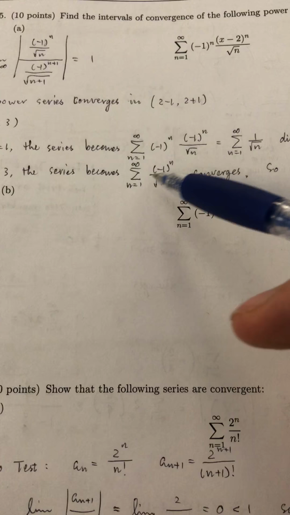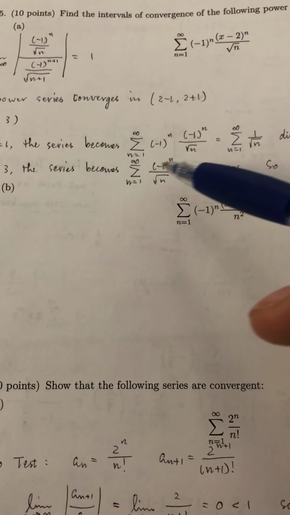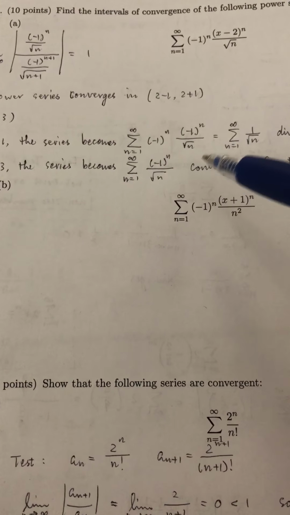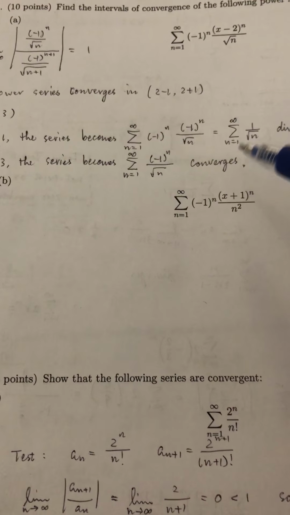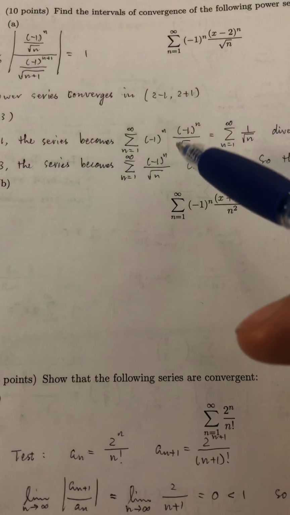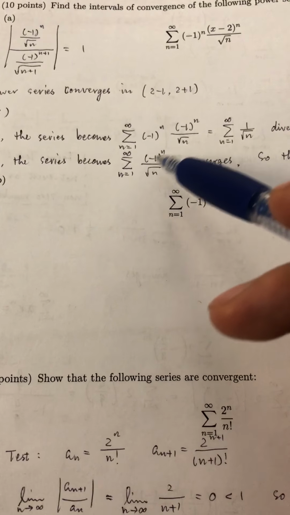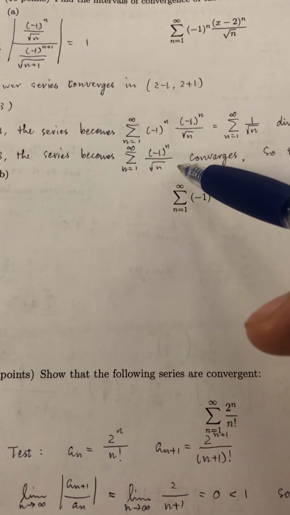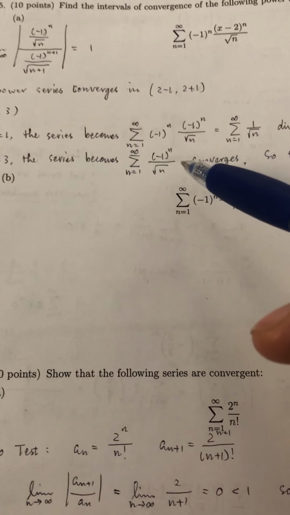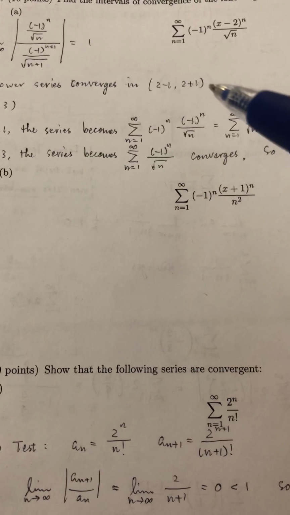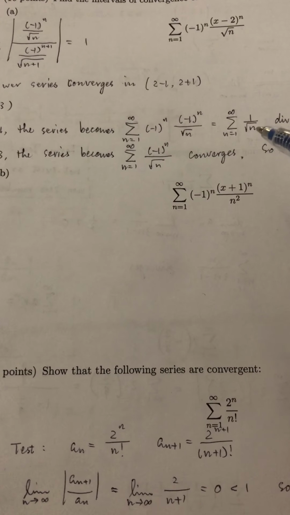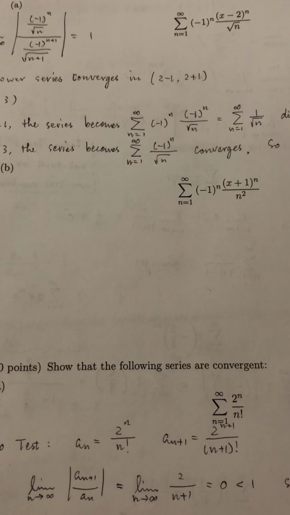That means the signs of the terms are positive, negative, positive, negative all the time. And the absolute value of the general term, which is 1 over root n, is decreasing and approaching 0 when n is going to infinity.